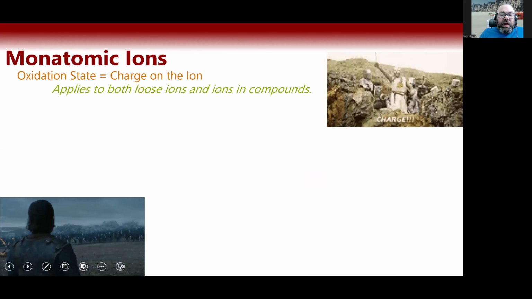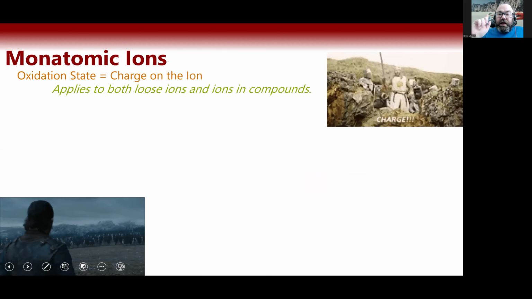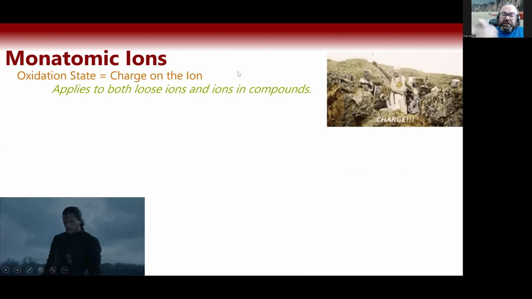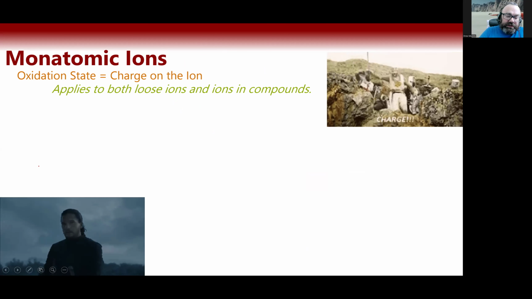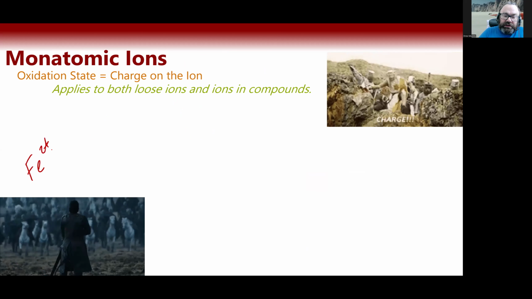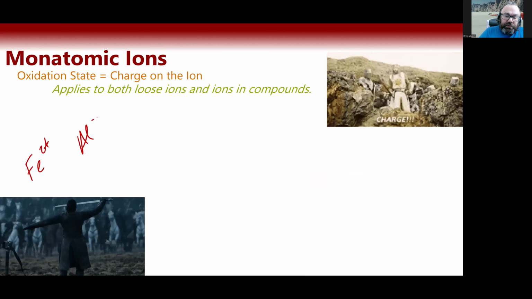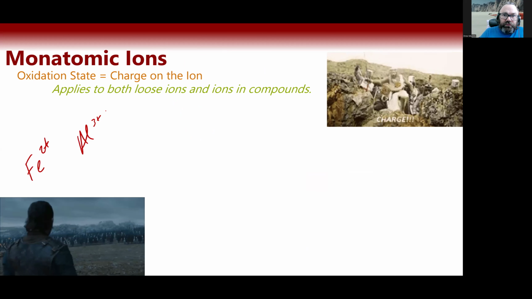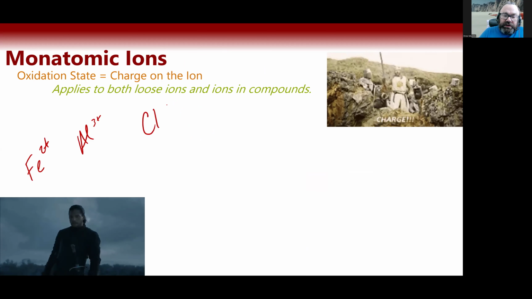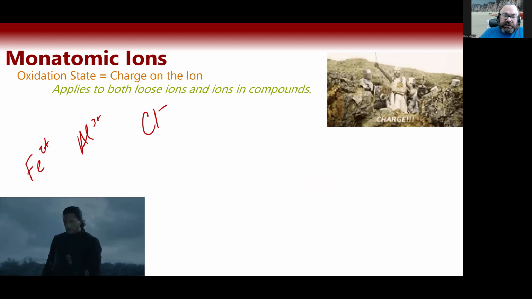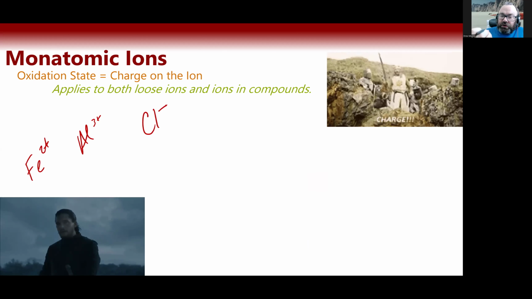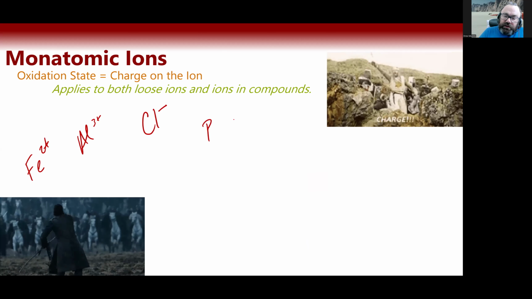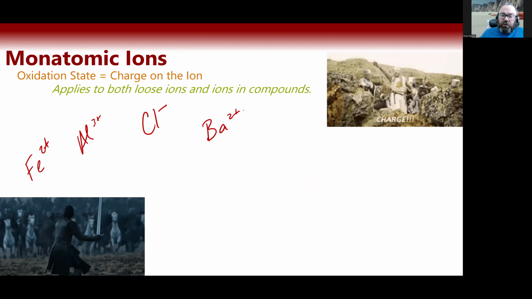Okay. Now, this is where we get into ions. So if we have a monatomic ion, what that means is a single atom that is an ion. So my other example, iron 2 plus, we could have aluminum 3 plus, Cl minus, these kinds of things. If it's a single atom that has a charge, that charge is the oxidation number or oxidation state.